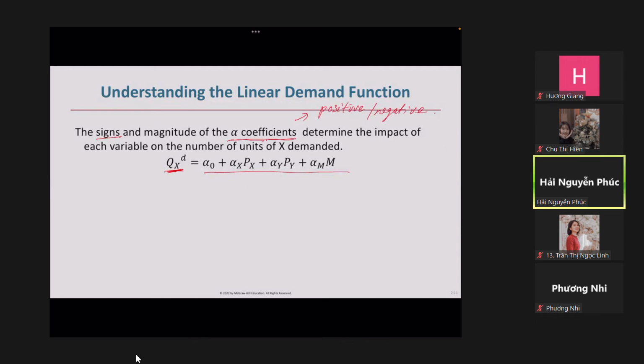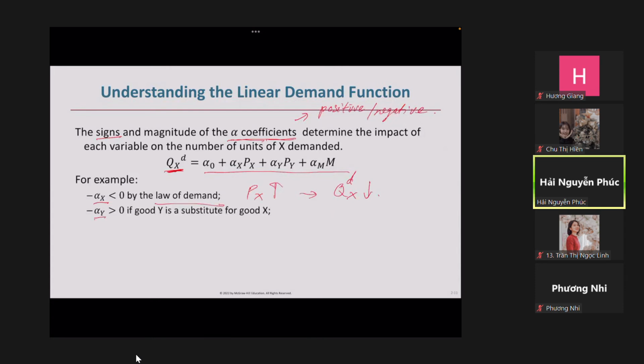Our discussion can be formalized as follows. We have alpha x, and we can expect alpha x to be negative, smaller than 0. Why? Because of the law of demand, right? If the price of good X increases, we expect that the quantity demanded for good X will decrease. Okay.